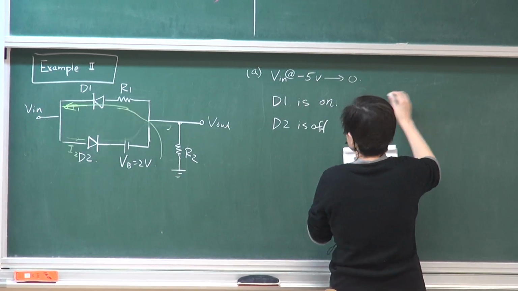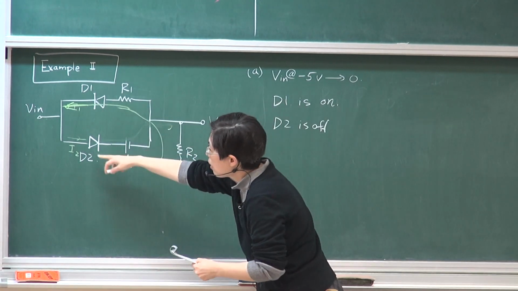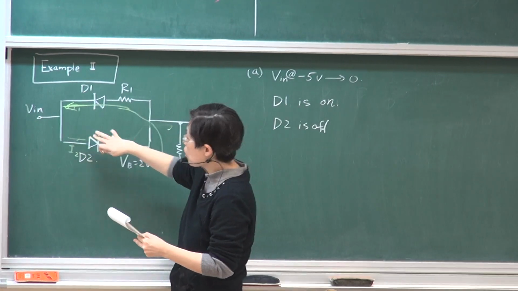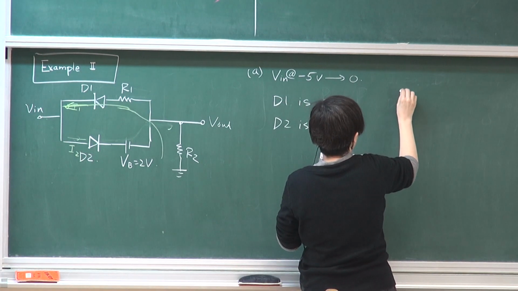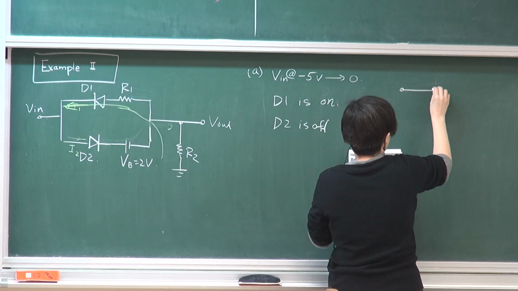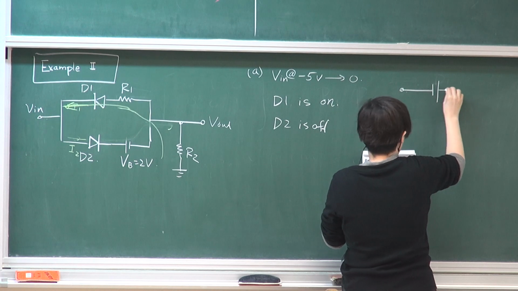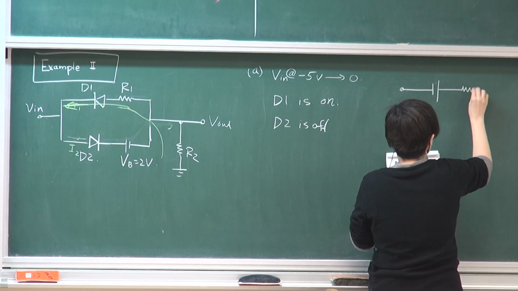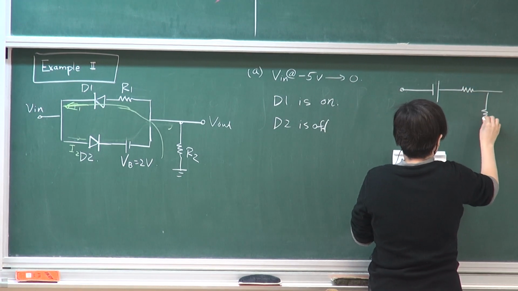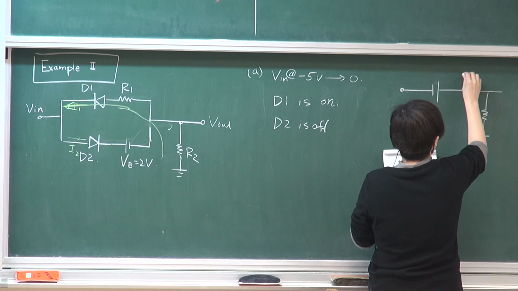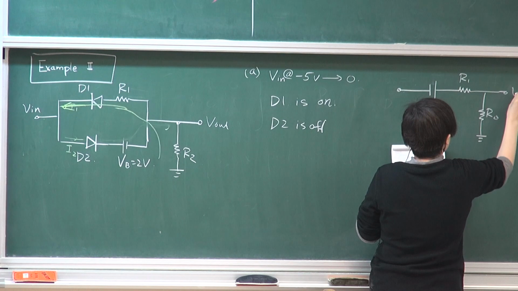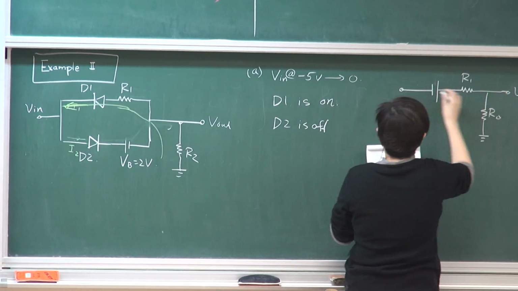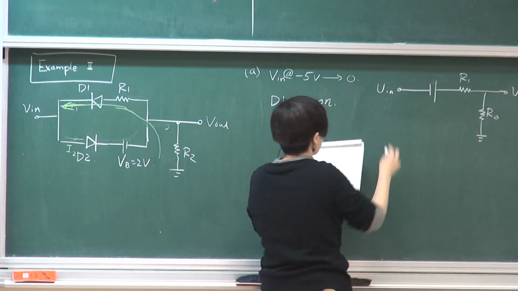The equivalent circuit will be this. This is off, so this is open. There's only one branch. So the equivalent circuit will look something like this. A constant voltage model, because D1 is on. R1, R2. This is my output voltage, input voltage.